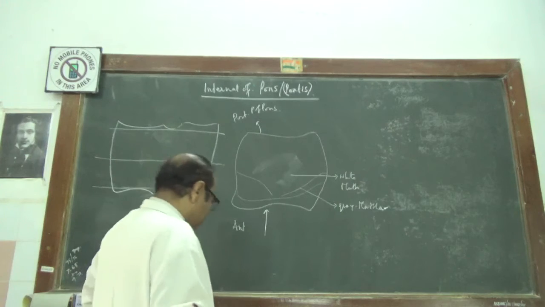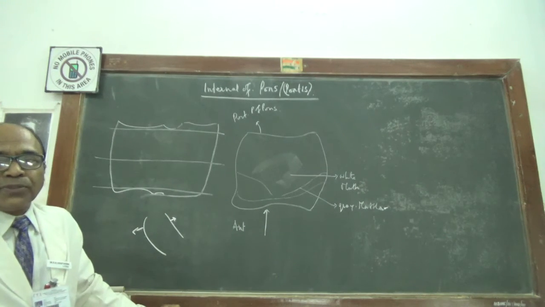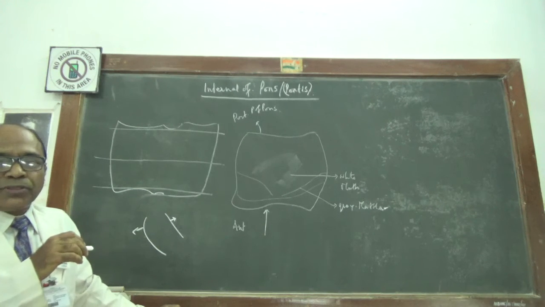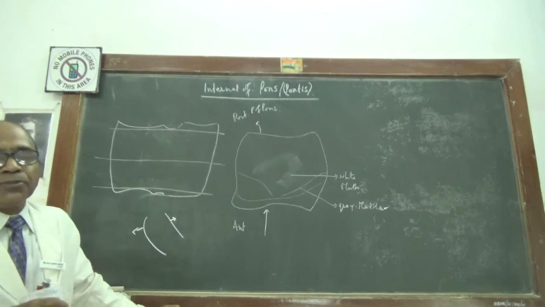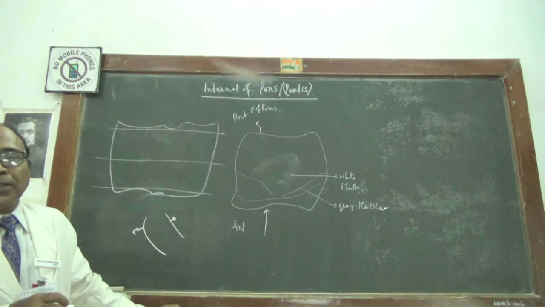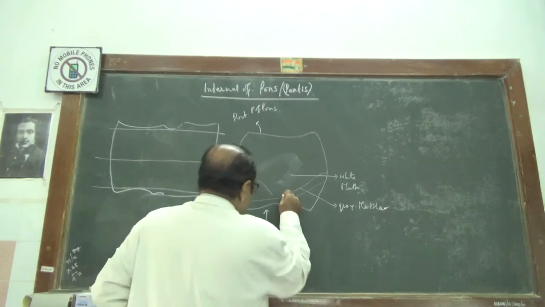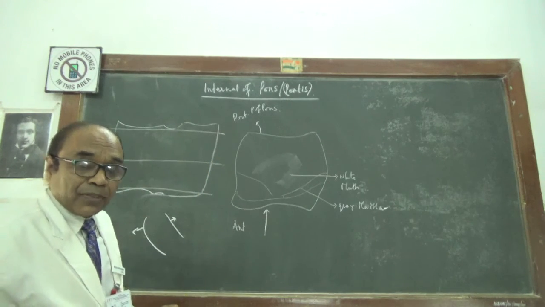Apart from that, there are some other parts in the internal of the Pons which is important, like the importance of the medulla oblongata internal, the reticular formation.